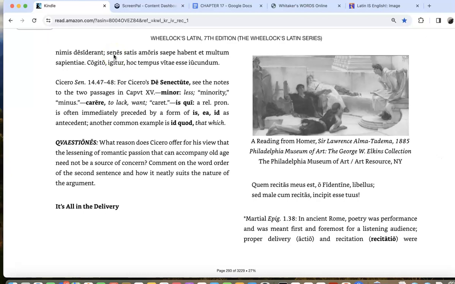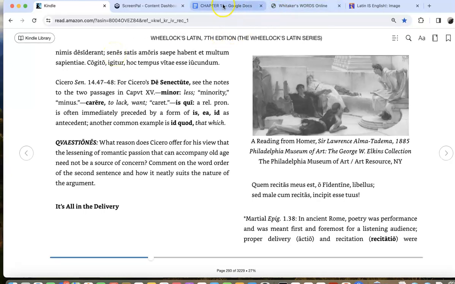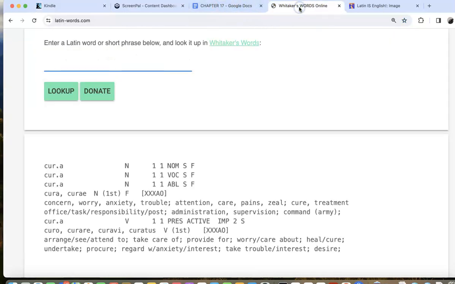That's clearly not what Cicero is thinking about. What he's saying is that somebody who has been there, done that, but has gone on to experience other things in life beyond the enthusiasms of youth. And so a person of wisdom, again, think of Plato's philosopher king or Marcus Aurelius. So senes, but let's go ahead and look this up, see if it gives us some options.